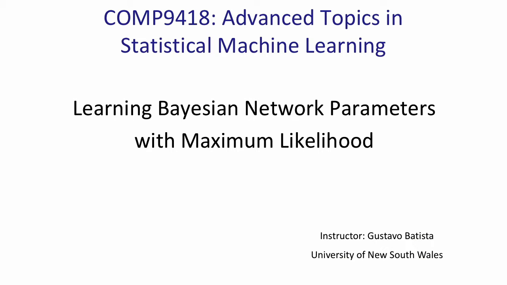So I think that now you're already very used to this idea of learning the parameters using complete data. And actually the approach is very simple. We just count the frequencies that we are interested in, and this is going to be our estimates. So this is the simplest scenario when we don't have missing data. So we call this the complete data scenario.